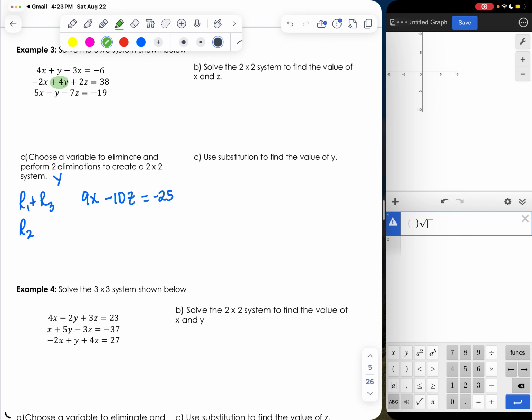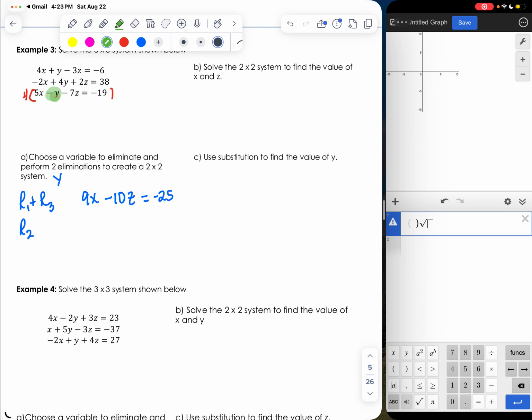I have a 4y here, and I have a negative y there. So if I were to multiply that third equation by 4, that would give me a negative 4y on the bottom row. So that's what we're going to do.